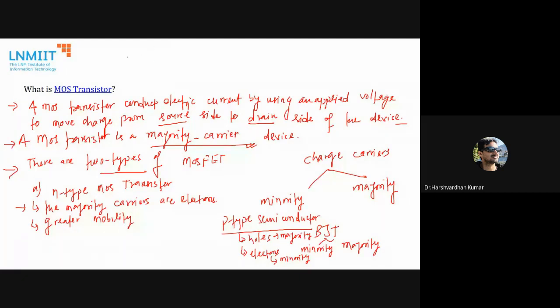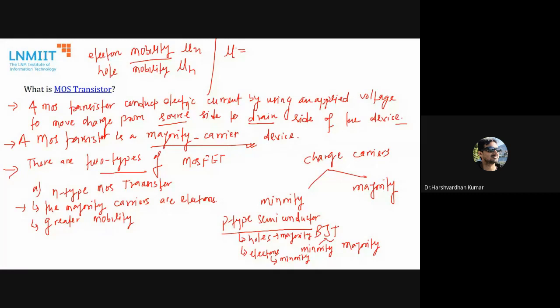Mobility is represented by mu. If I talk about the electron mobility, it is mu n. If I talk about the hole mobility, then it is mu h. So what does mobility, that is mu, indicate?